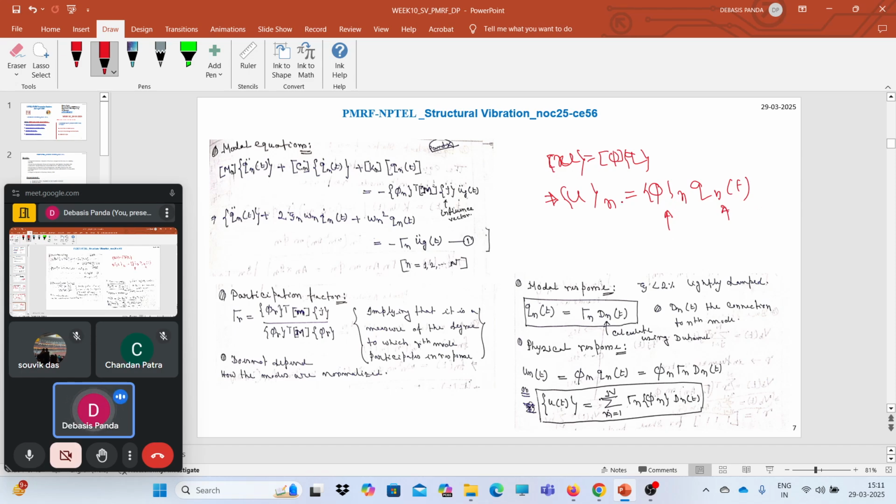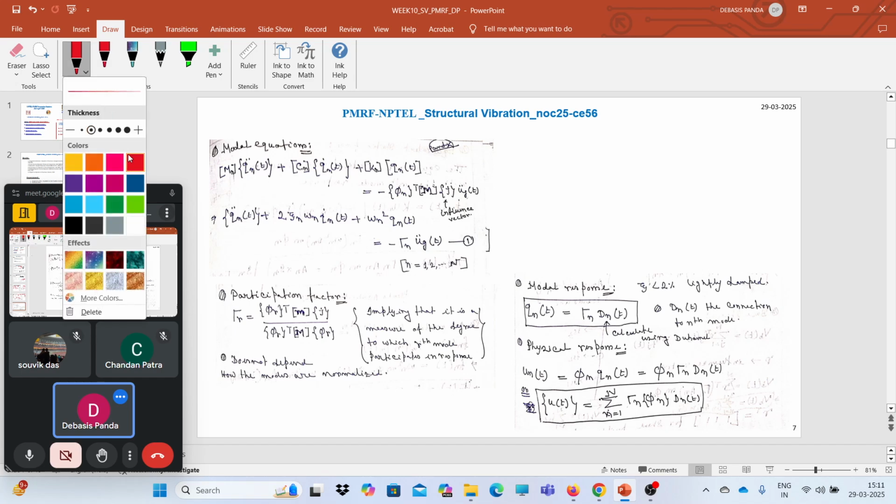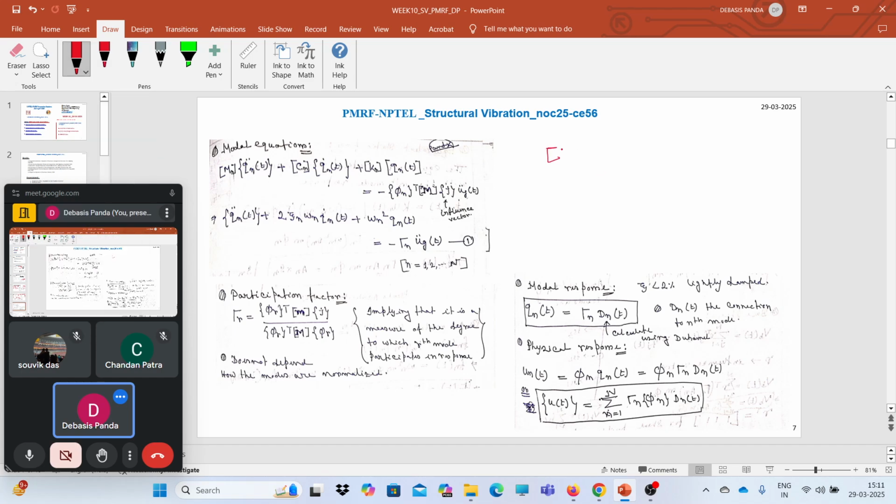So finally, when we write down the equation of motion for the MDOF system under earthquake, the equation of motion will look like Mn, corresponding to each mode. So Mn is nothing but each component of this normalized mass matrix, that means phi n transpose m phi n, right, into qn double dot of t.